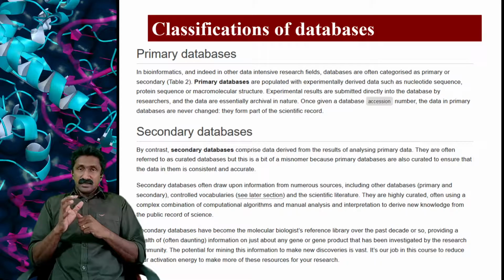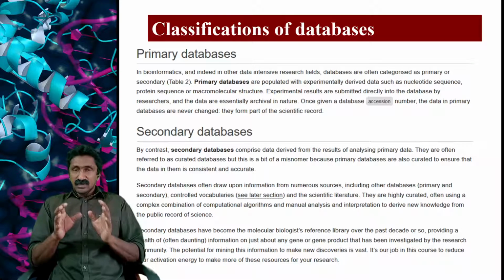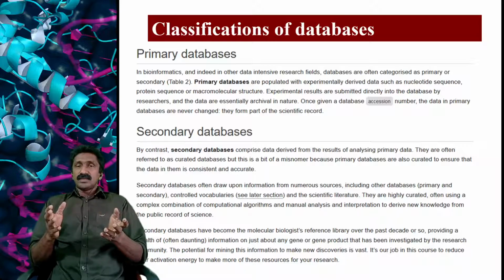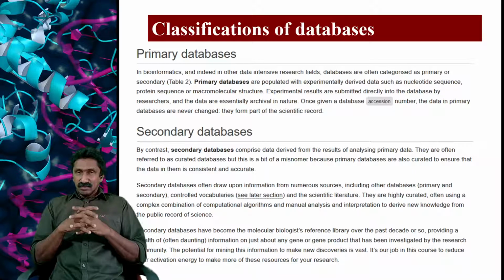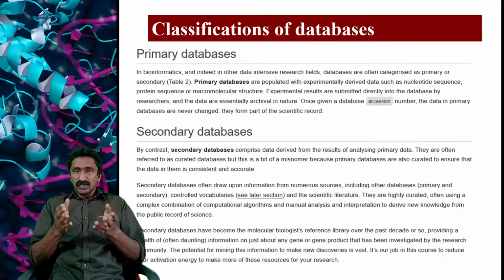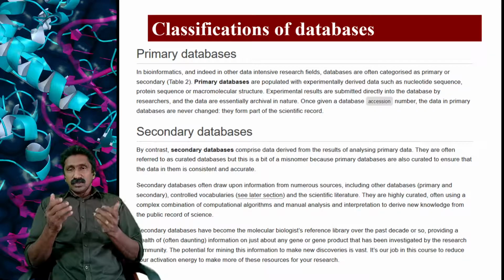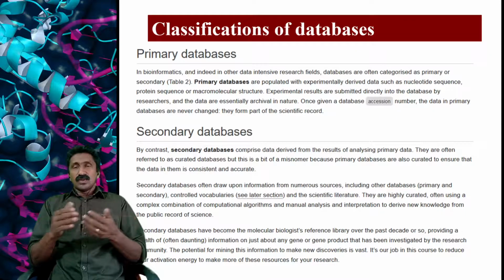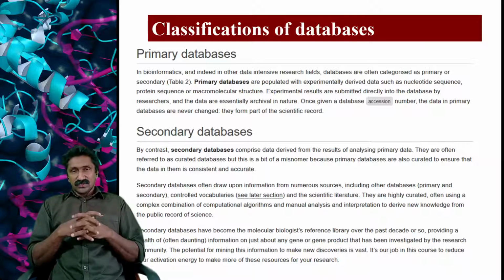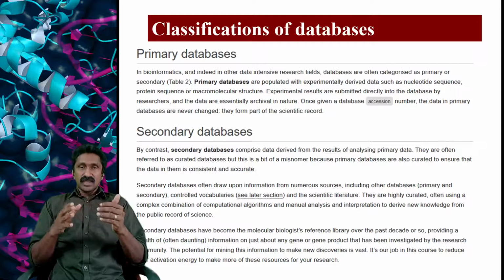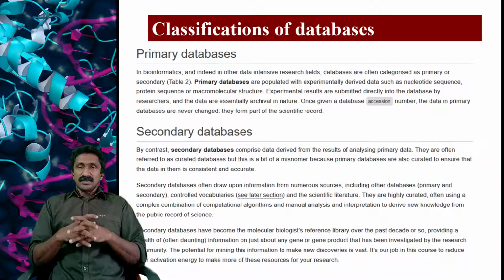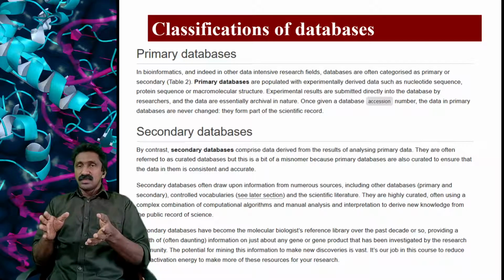Whereas the secondary database comprises data derived from the results of analysis of the primary data. They are often referred to as curated databases, but that is not exactly true, it's a misnomer, because primary databases also are well curated nowadays. For example, if you want to submit a DNA sequence into GenBank, which is a primary database, they will ask for all the related information.